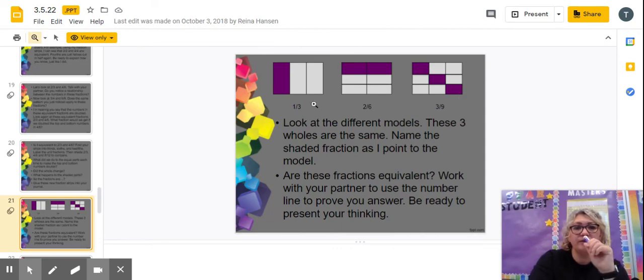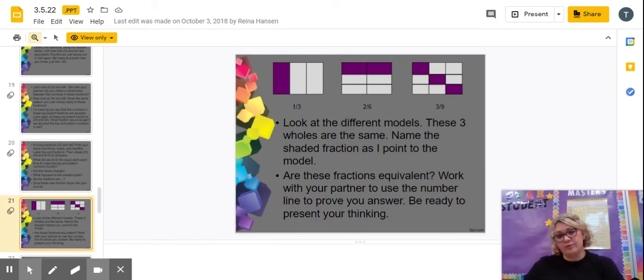So would they be equivalent? Well, let's go back to the division piece of this. 1/3. Well, what number? Let's see. 6 divided by 2 equals 3. So 2 will go into itself 1 time.